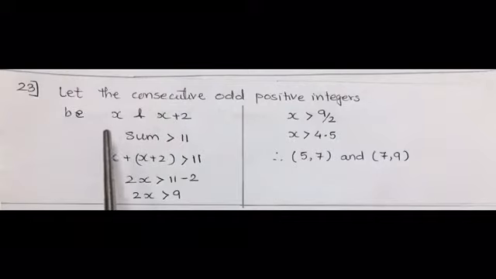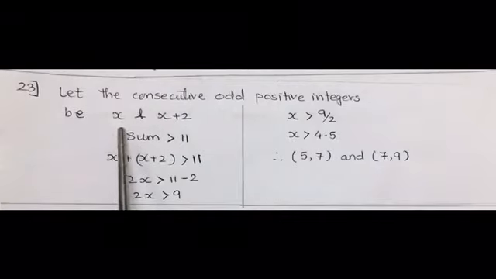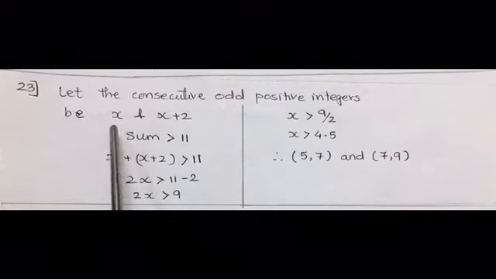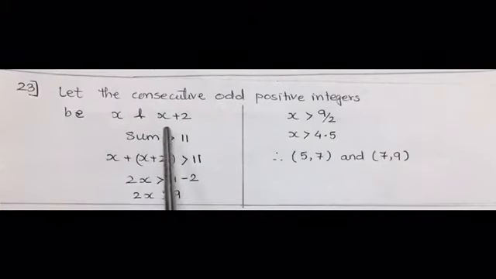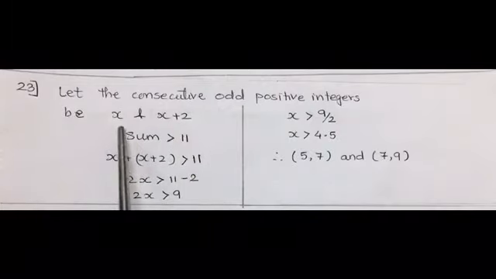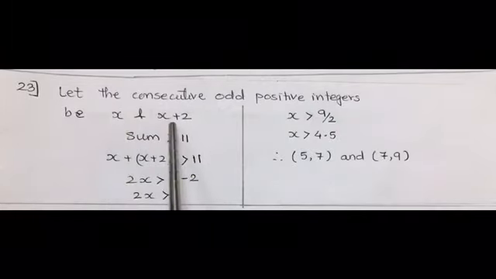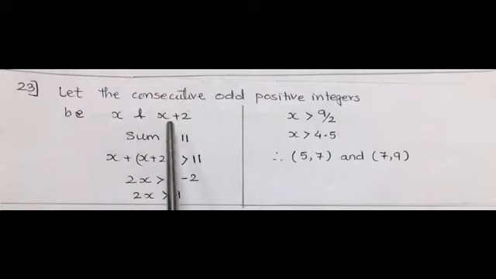Suppose we assume the first odd positive integer as x, then the second will be x plus 2. Reason: between two consecutive odd positive integers, the difference will always be 2.